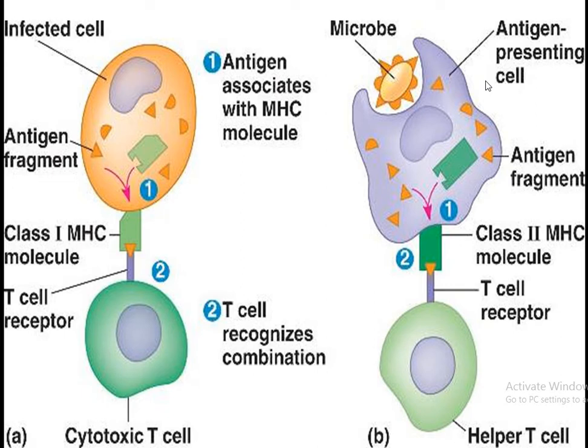Now through this picture I want to show what the next step is. Once it is ready, the antigen presenting cell, which may be a macrophage, B lymphocyte or dendritic cell, either of these, once it is ready with MHC, the T cells are going to be attached to it through the receptor.